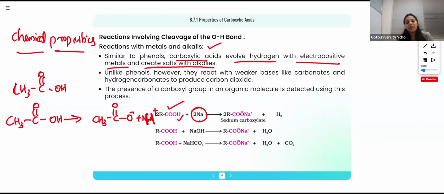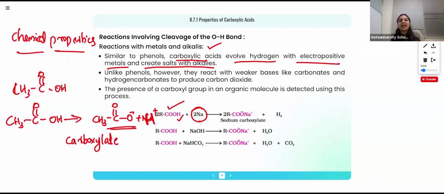Got it? So what will happen? This is the hydrogen ion, and this is called a carboxylate ion. Normally, carboxylic acid will ionize into carboxylate ion and H plus ions.